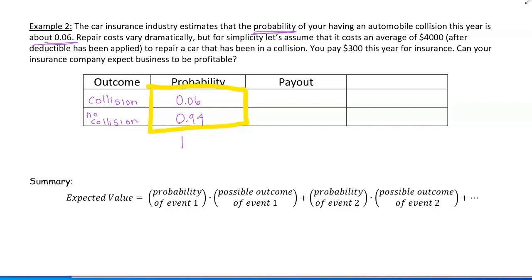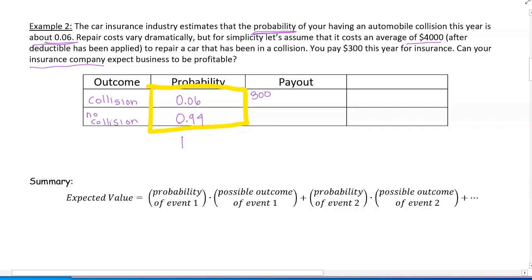All right, the next thing says that it costs an average of $4,000 to repair a car. One other thing I want to consider is we are talking about the insurance company. So now imagine you work for the insurance company. For this problem, if there is a driver that has a collision, there's a payout of $4,000. However, that driver has also already paid in $300.